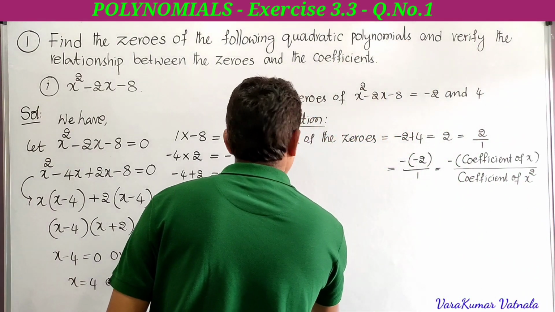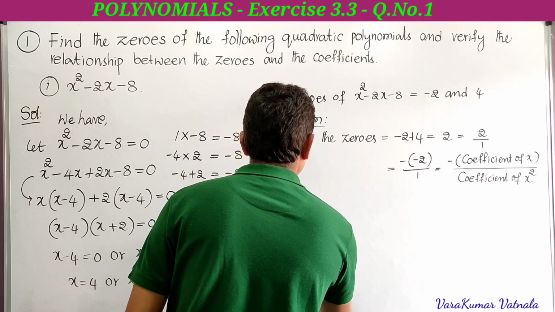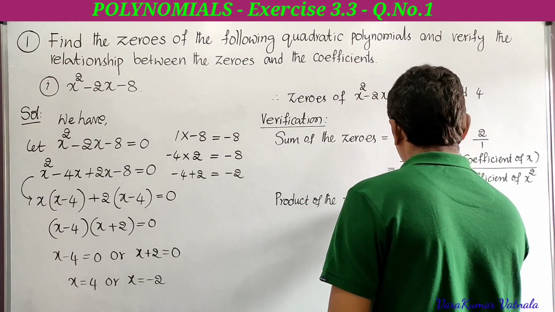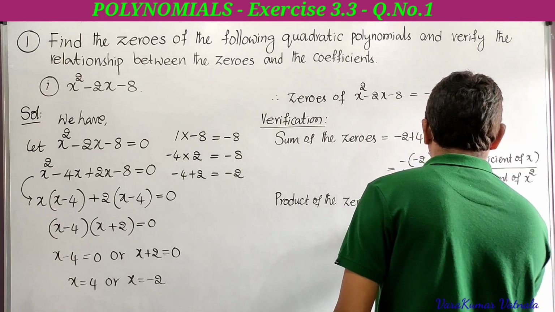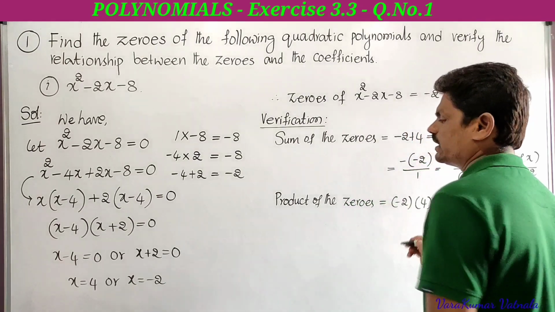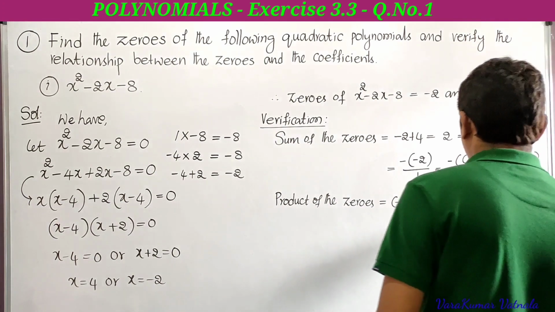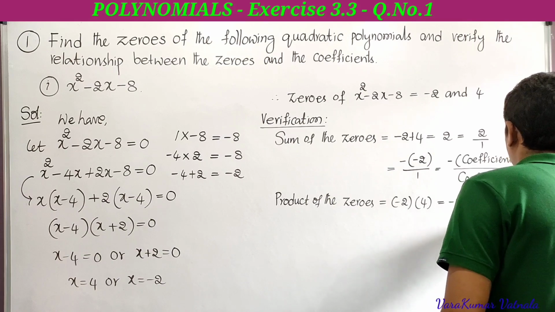In the same way, the product of the zeros is minus 2 into plus 4, which is minus 8. Minus 8 can be written as minus 8 by 1.